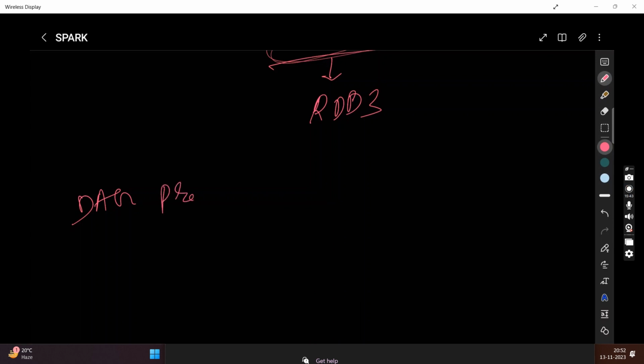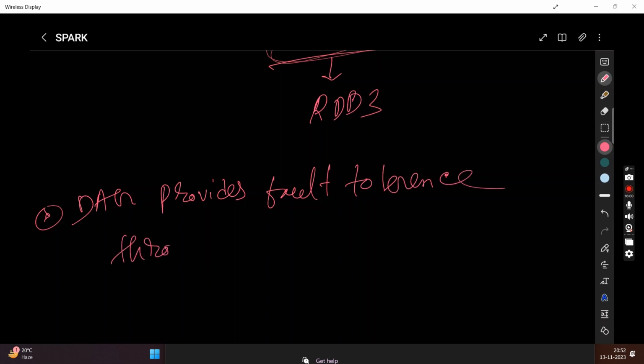So the DAG, I mean the lineage graph, provides fault tolerance. I am noting down this point so that I can share it with you. Fault tolerance through lineage graph.